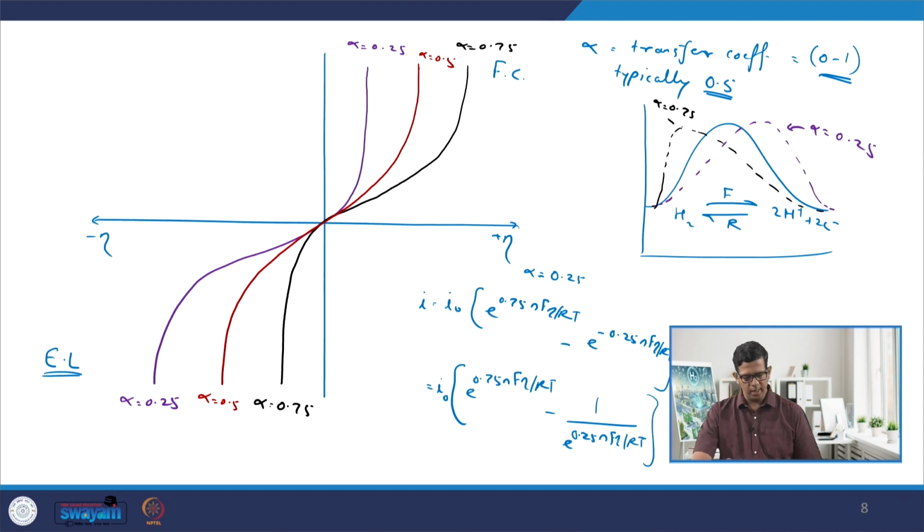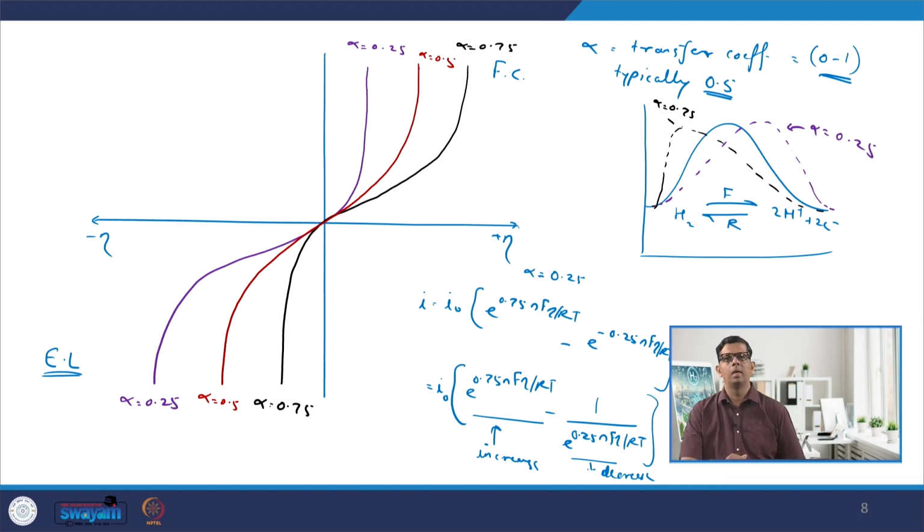You can see that if my eta is increasing, the first term will increase and the second term will decrease, right. In other words, my forward reaction will be favored if my alpha is 0.25, and if alpha is, let us say, 0.75, the reverse reaction can be favored. So, this is the significance of the transfer coefficient.